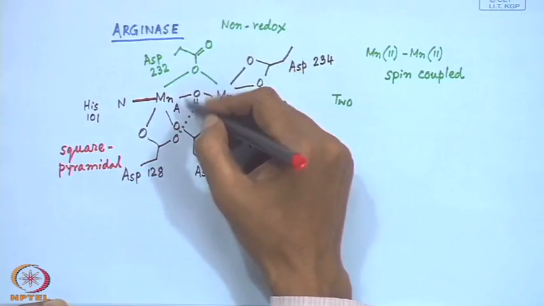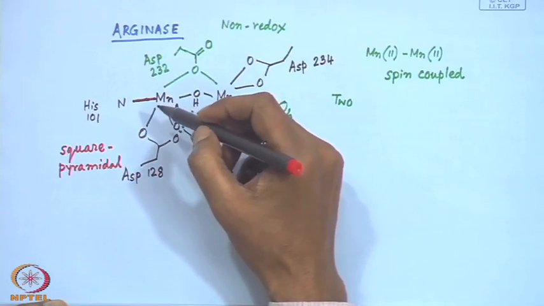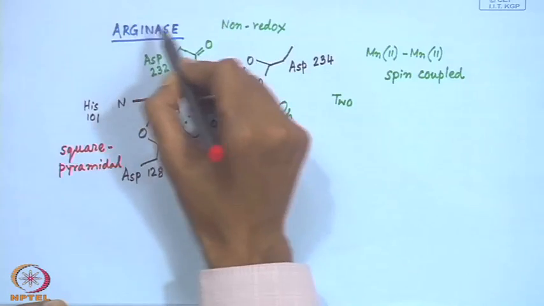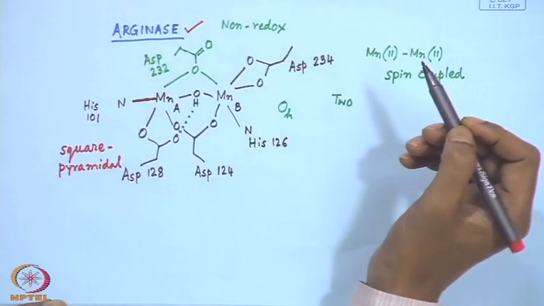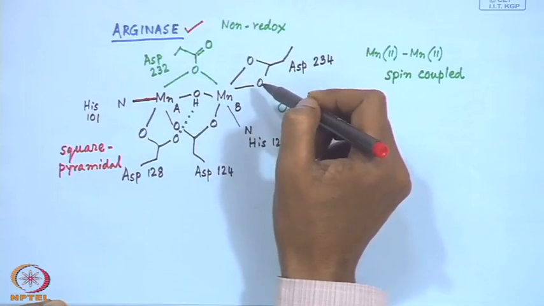So, if you have some positions like this, that immediately tells us that your substrate is L-arginine, and binding of this substrate to the active site is very important.